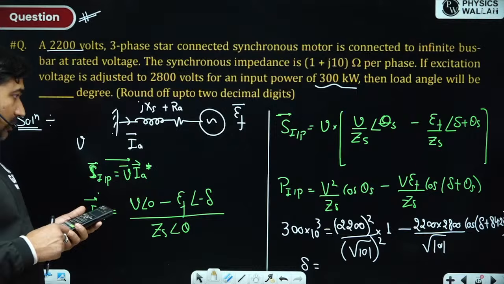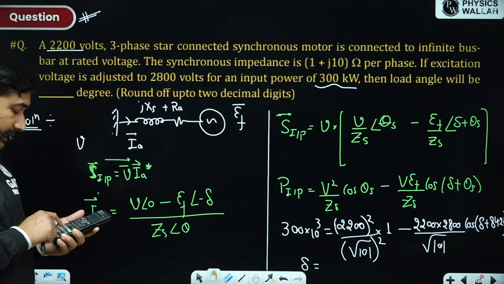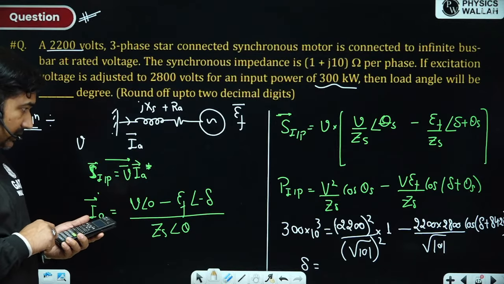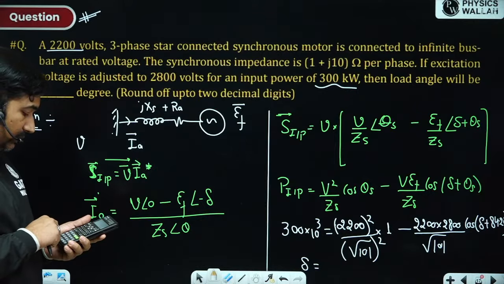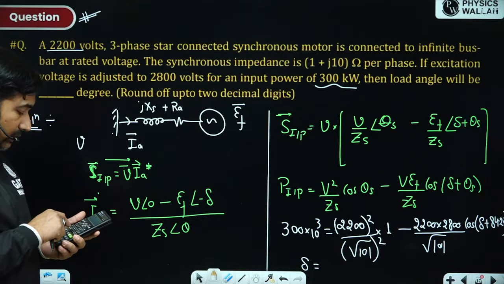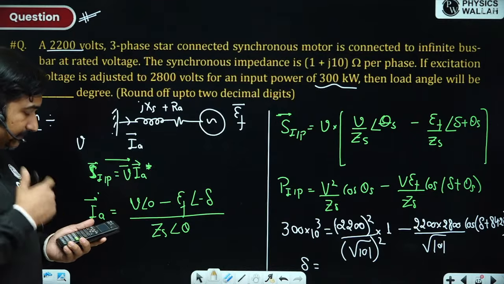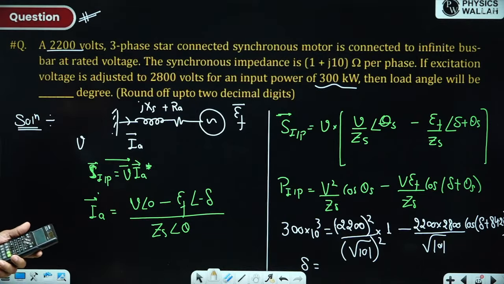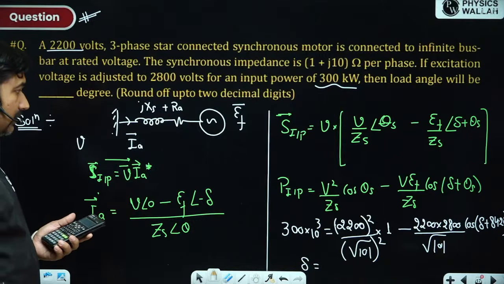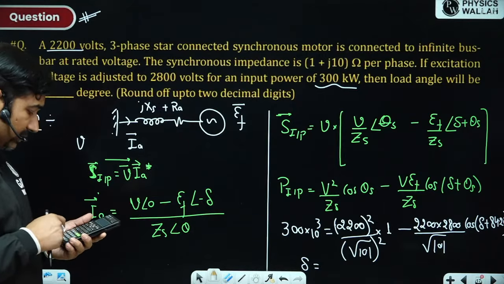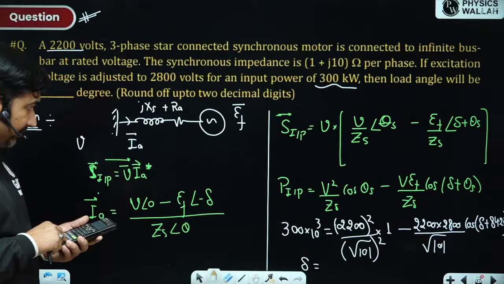Okay, so 300,000 into root over of 101, and if I put it on this side, it will become negative.